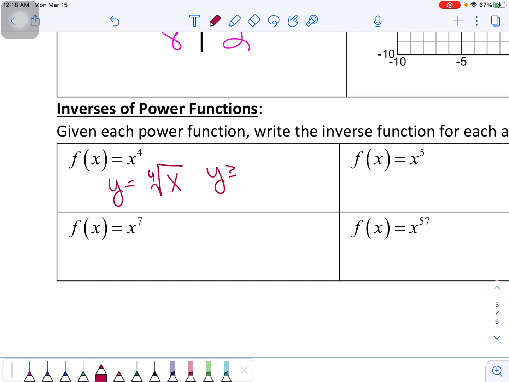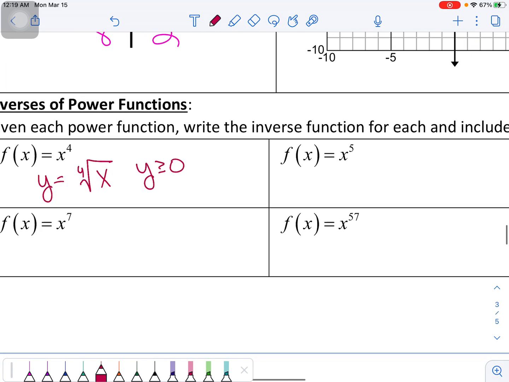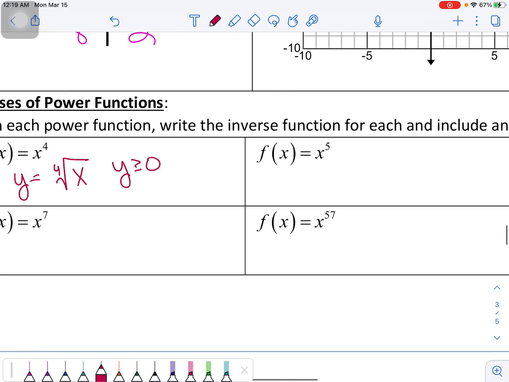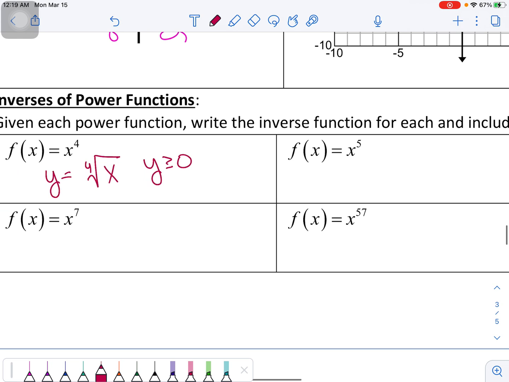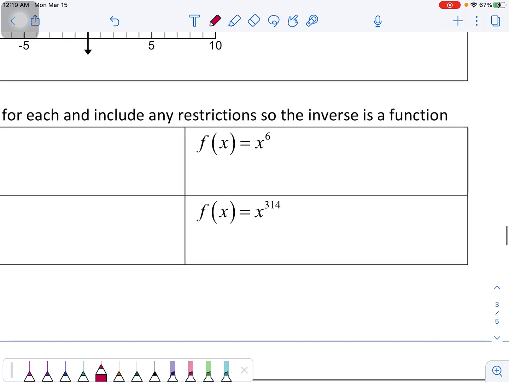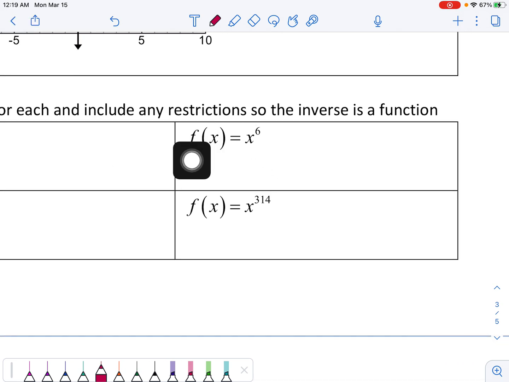And in this case, y has to be greater than or equal to 0. Okay, so that would give us the restrictions for our inverse function. So that's one of the even roots. Let me slide over here. We've got the sixth power. So that is going to be y equals the sixth root of x.